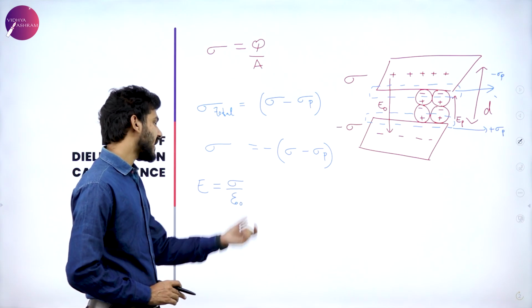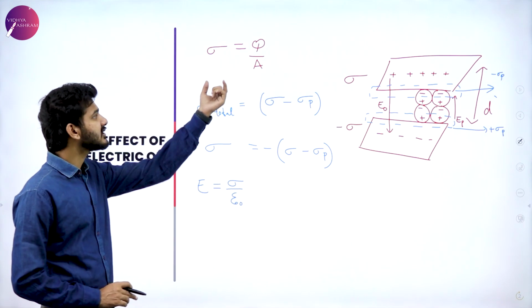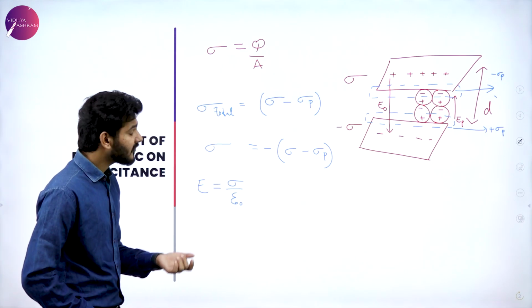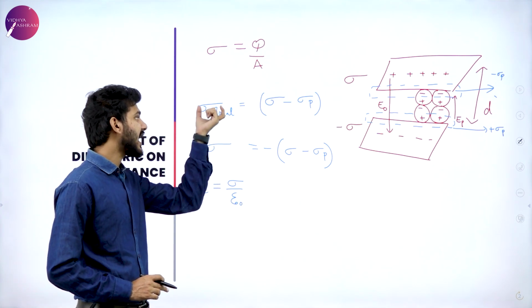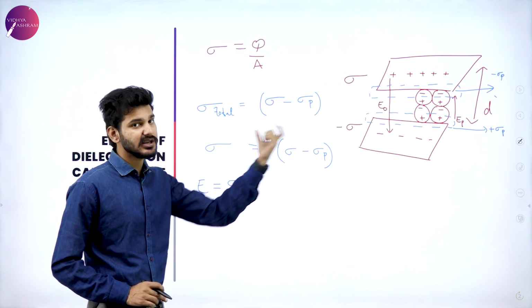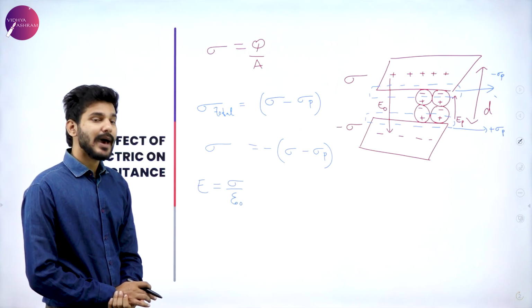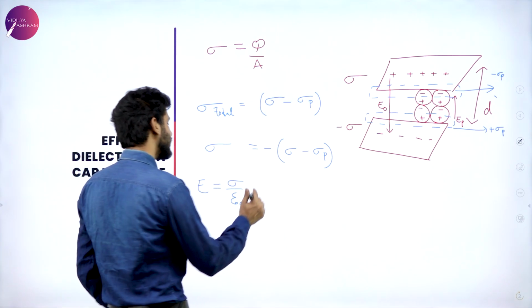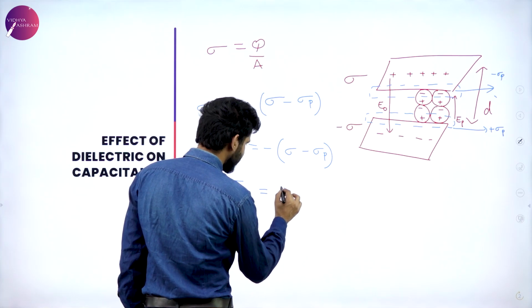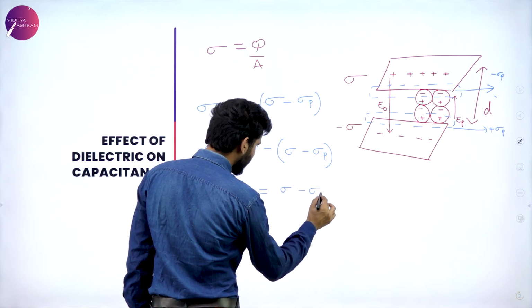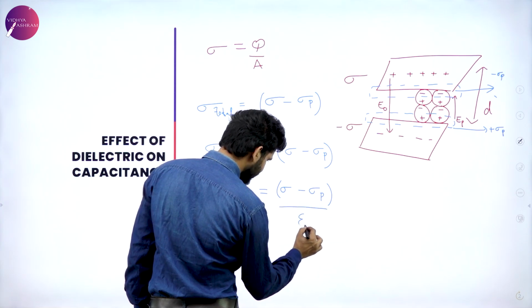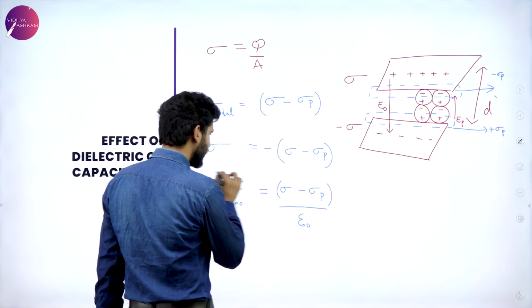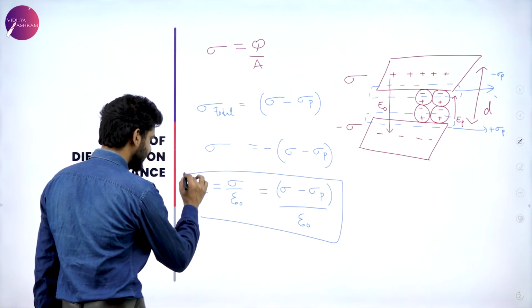We know that sigma can be written as Q by A. But for now, we are not going to write it as Q by A. We are going to write it as the total charge density of that parallel plate capacitor. So we can write it as sigma minus sigma p divided by epsilon naught. We are going to keep this aside here.